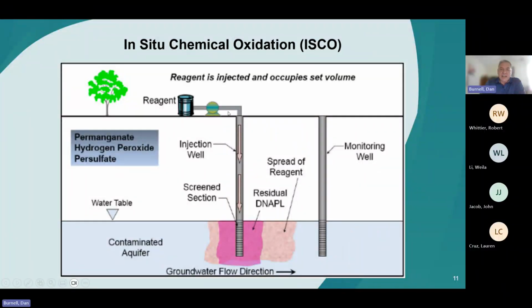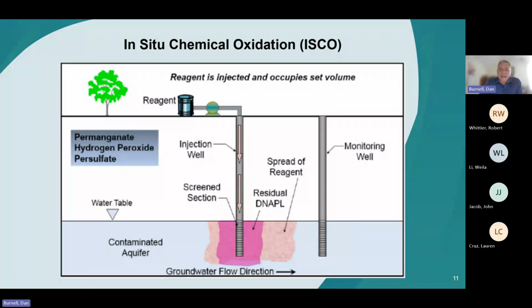And so as the reagent is injected in there, it reacts with these chemicals and breaks them down into less harmful chemicals. And so this treatment can be used at many sites.